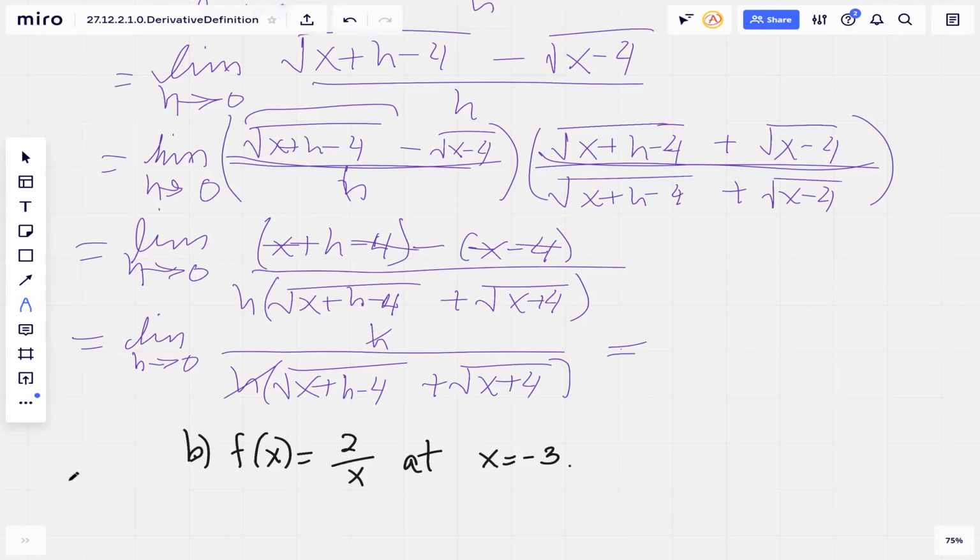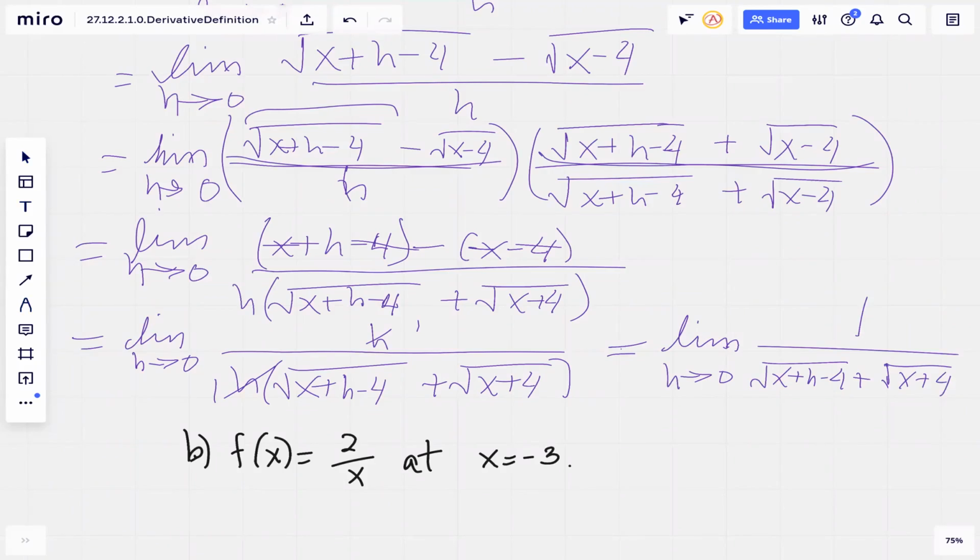The h's cancel out, so we have 1 over the square root of x plus h minus 4 plus the square root of x minus 4.